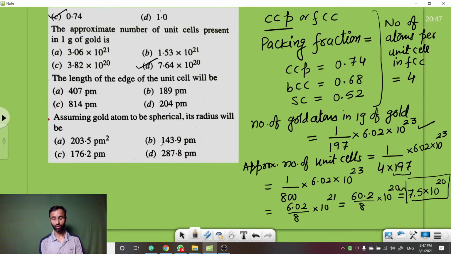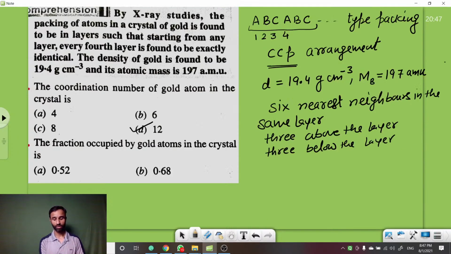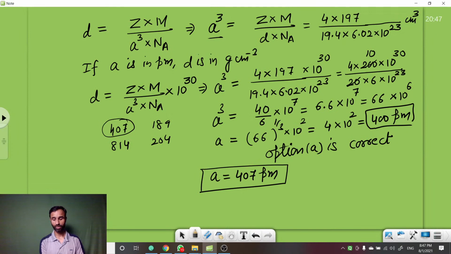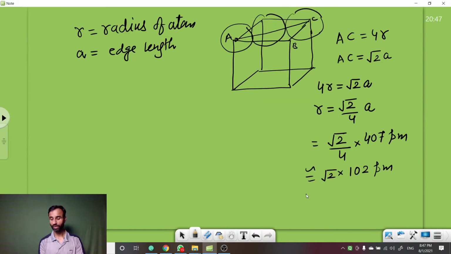So out of these, the best answer is, because it is 1.414 × 102 picometer, that means 141.4, more than 141.4.